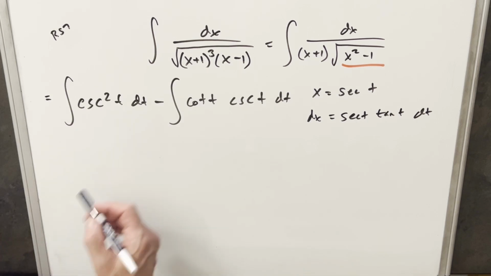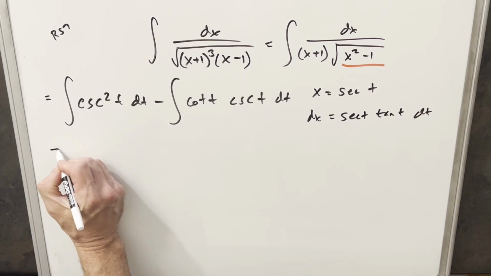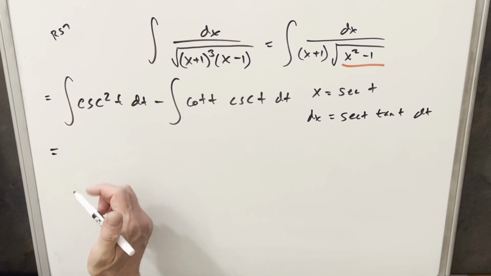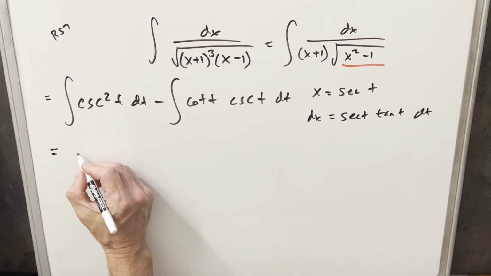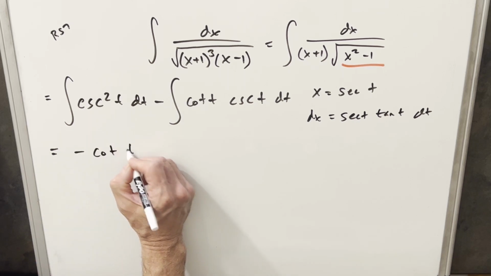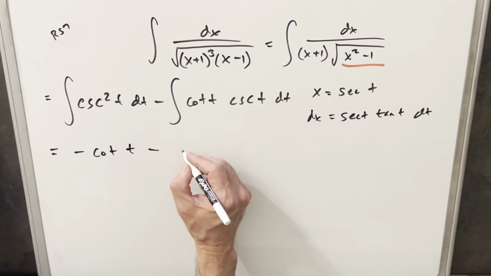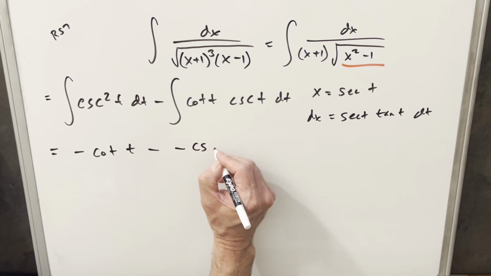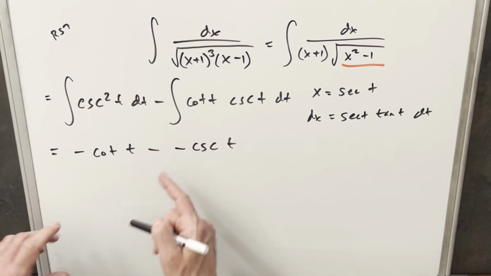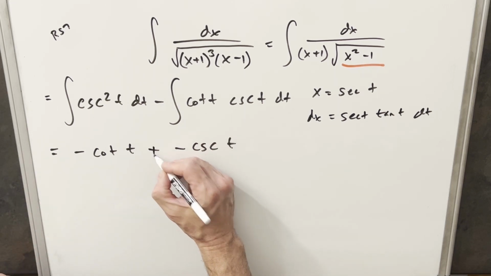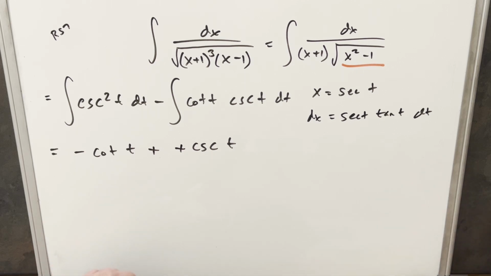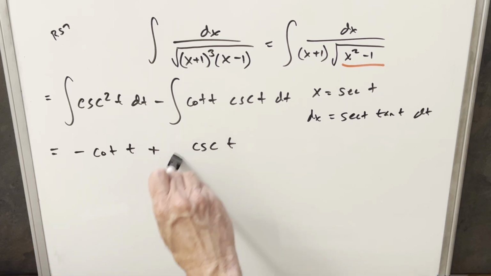But now we can go ahead and integrate, and each of these integrals is really well known. The integral of cosecant squared t is going to be minus cotangent t, and then the integral of cotangent t cosecant t is going to be minus cosecant t. But here we have minus times minus, so let's just write that as a plus, and let's get rid of this one because we don't need it.